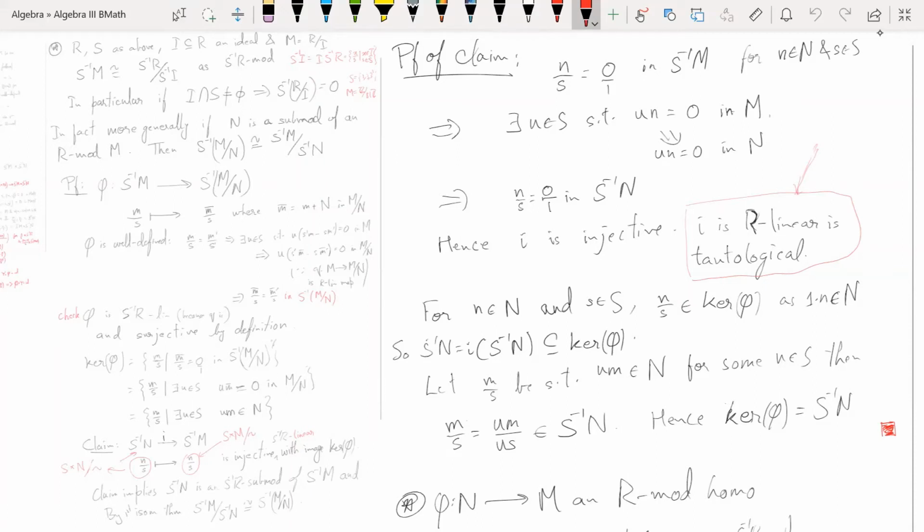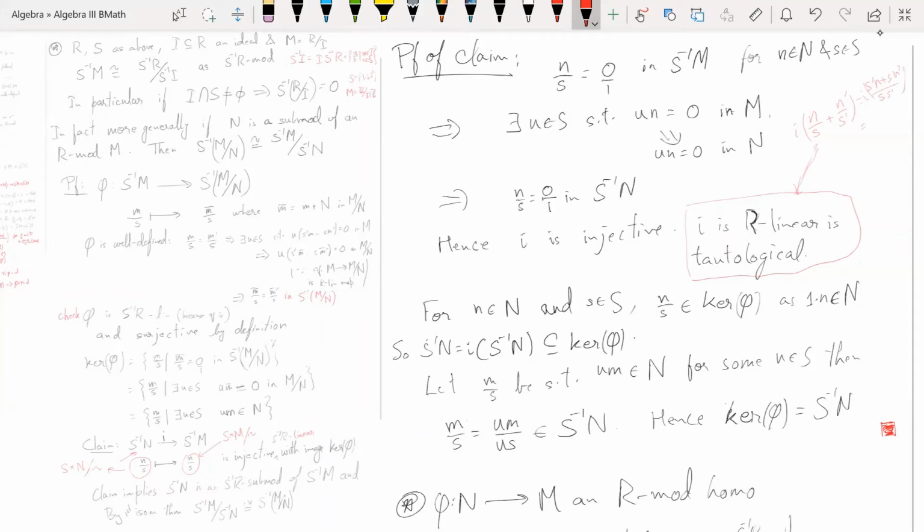So if n over S plus n prime over S prime, I of this is S prime n plus S n prime over S S prime. The formula for I is you just take the same numerator and denominator, and you have to also check it's well defined. Well defined also is some identity involving elements of N and S, so of course it is well defined.